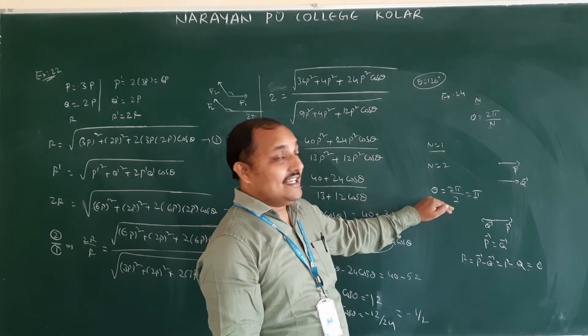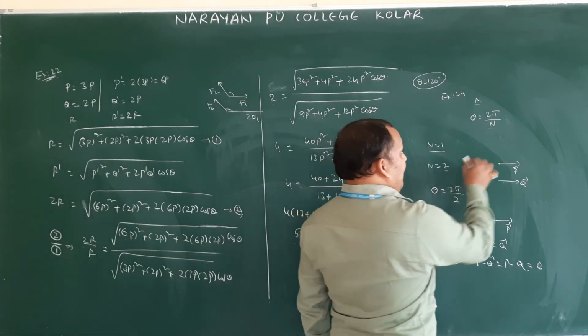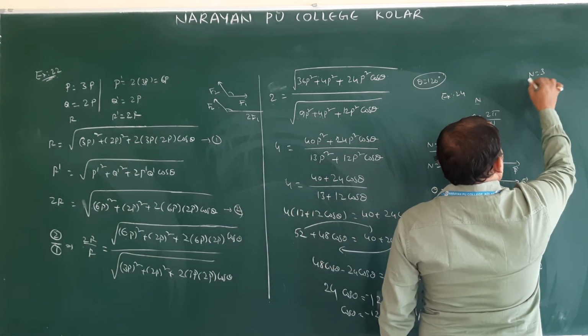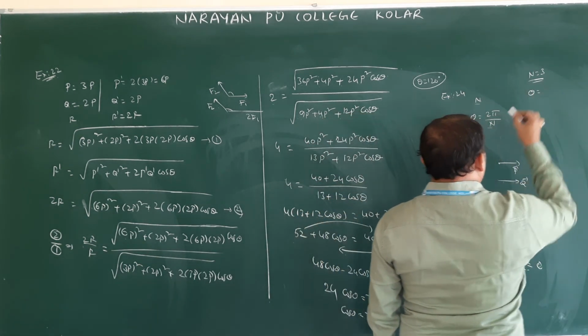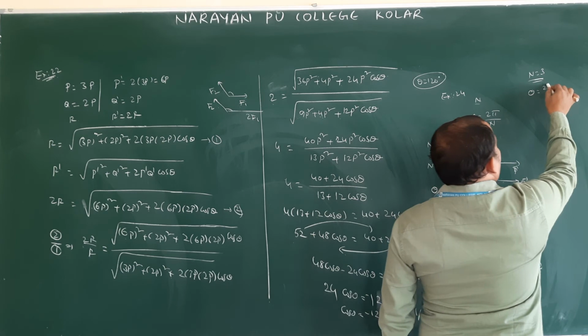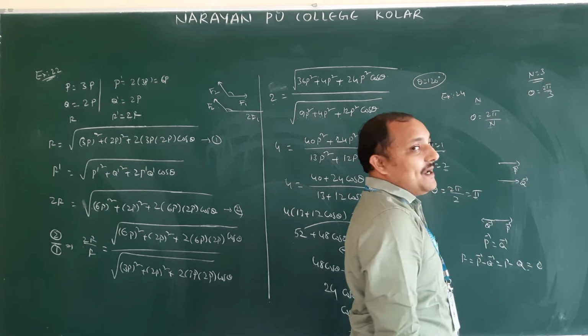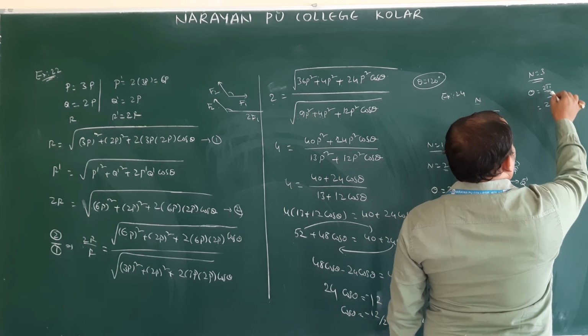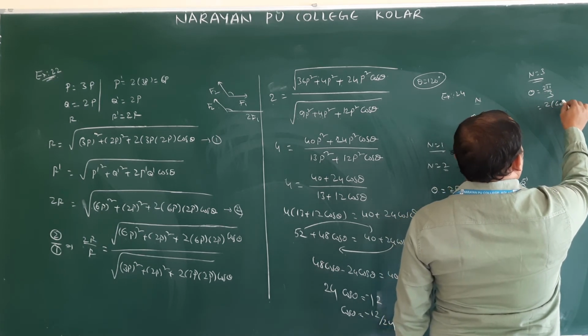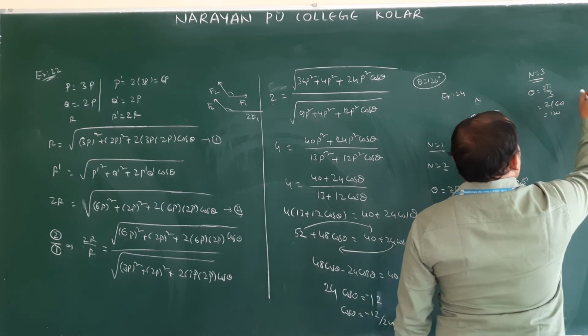If you take n equal to 3, three equal vectors, what is the adjacent angle between them? Theta is equal to 2 pi by 3. 2 pi by 3 means 120 degrees.